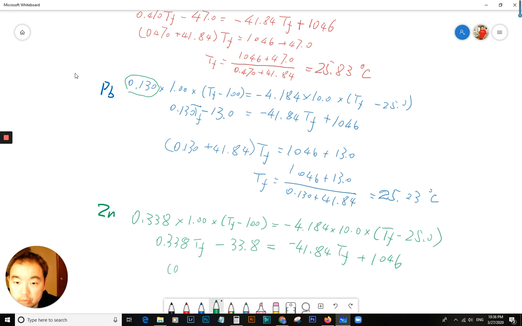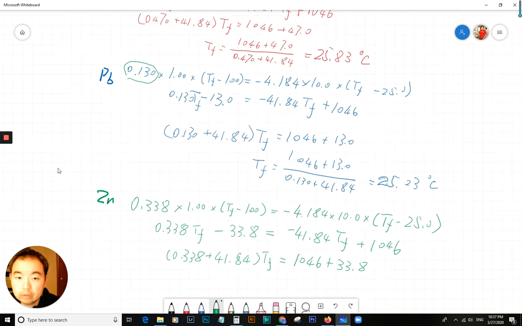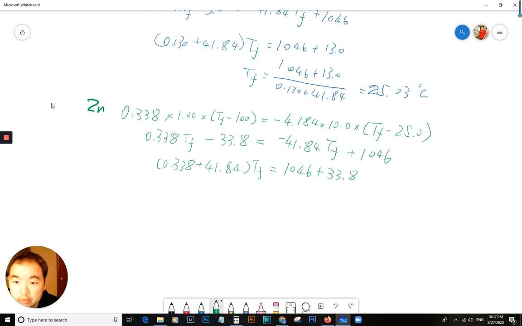So here is 0.388 plus 41.84 T final equal to 1046 plus 38.8. Then T final is equal to 1046 plus 38.8 divided by 0.388 plus 41.84.